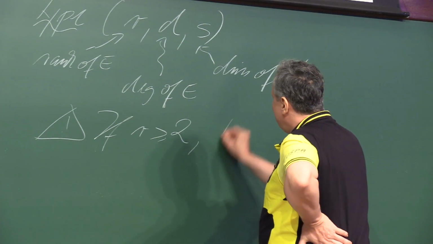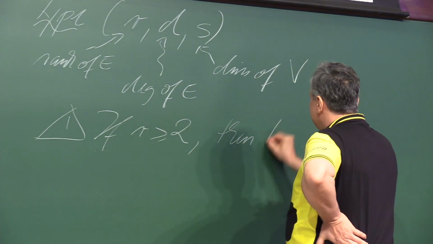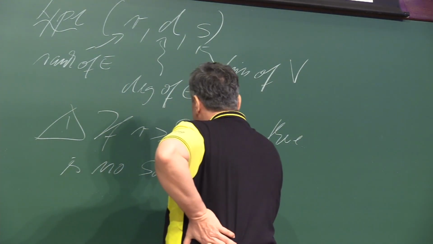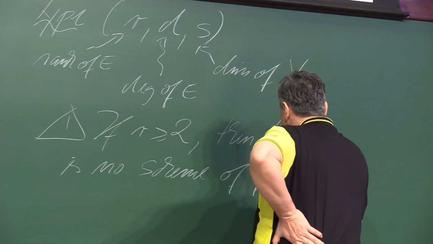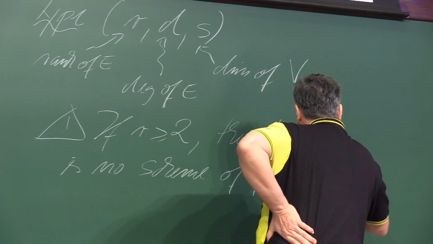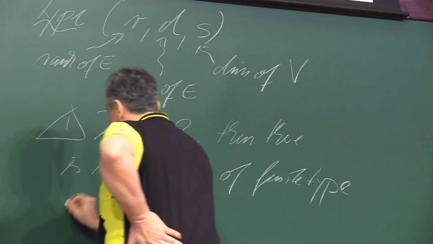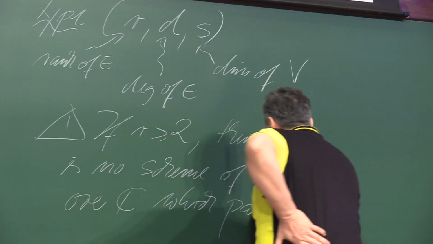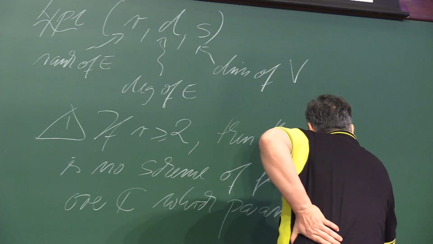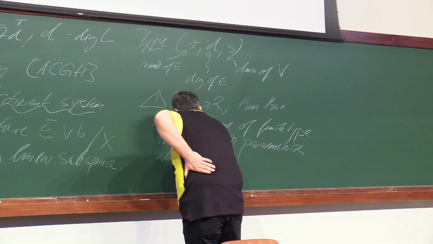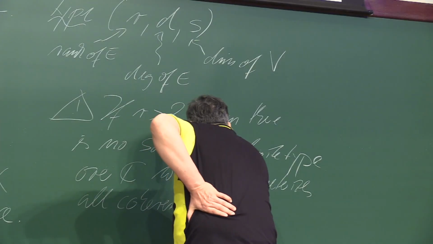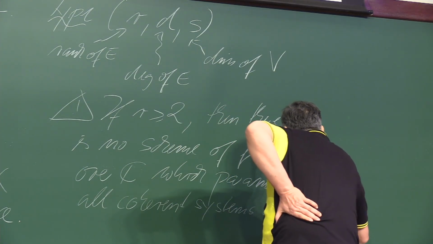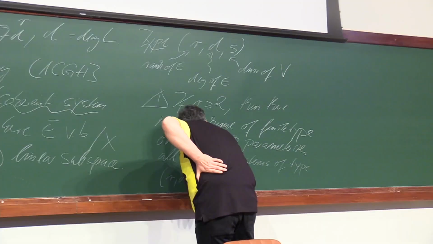So if R is at least 2, then there is no scheme of finite type, just a variety over C, which parameterizes all coherent systems of type (R, D, S) up to isomorphy.